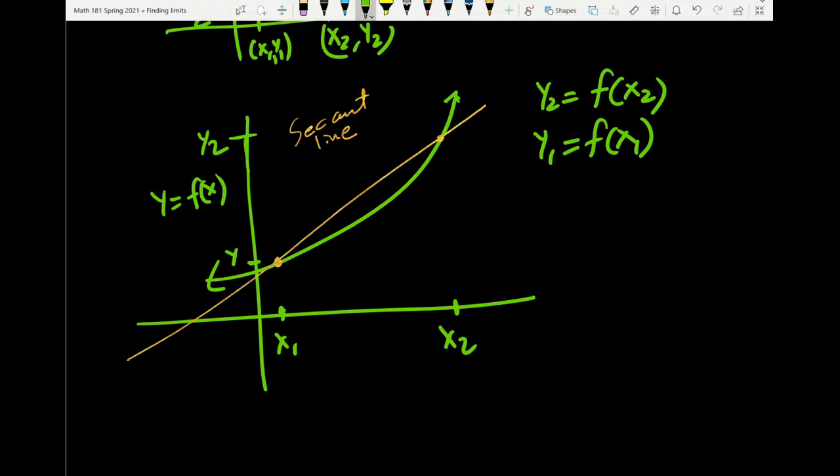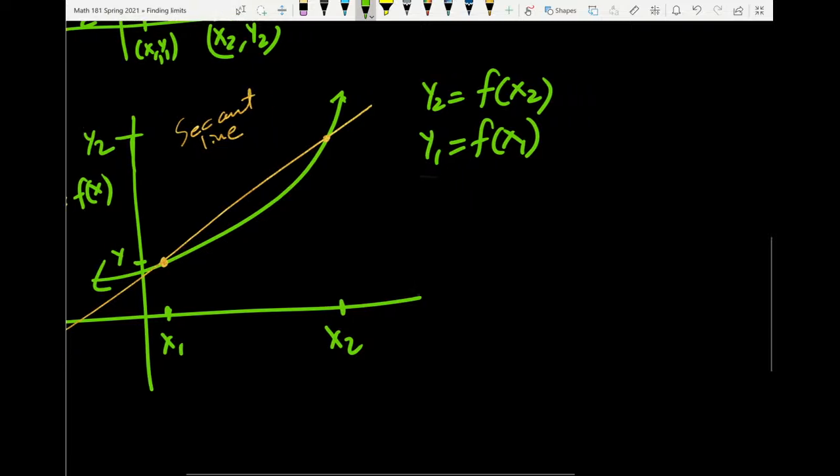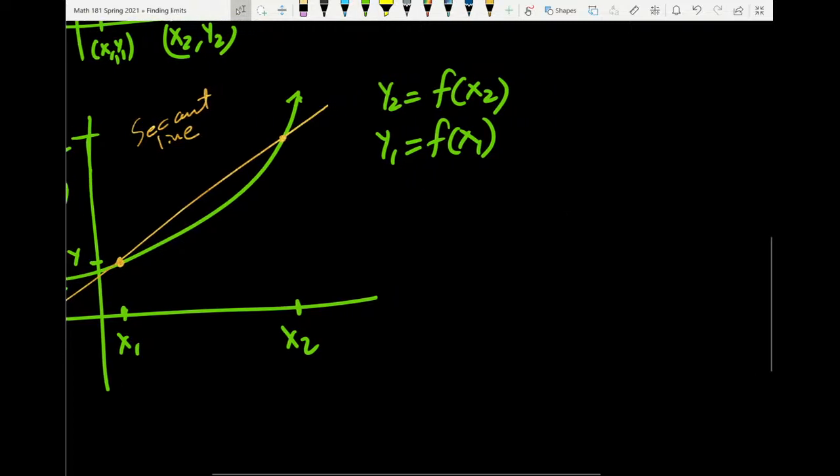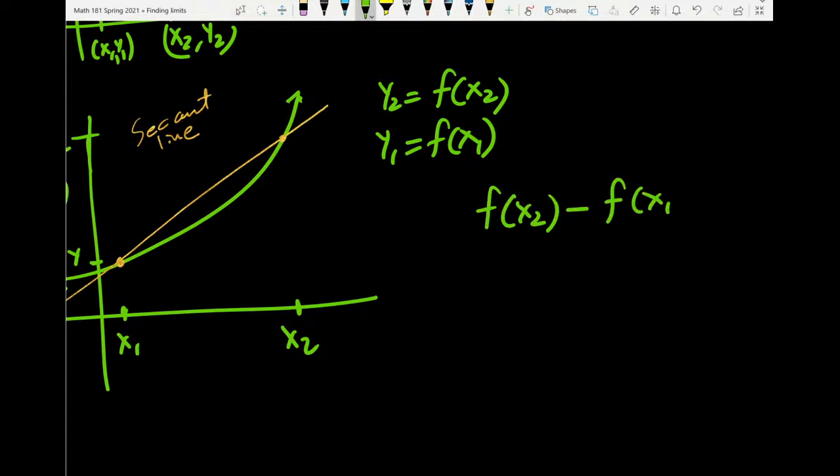But how can we use this slope to find the slope of the tangent line? First, let's figure out the slope for this. The slope would be f of x2 minus f of x1 over x2 minus x1. That's the slope.